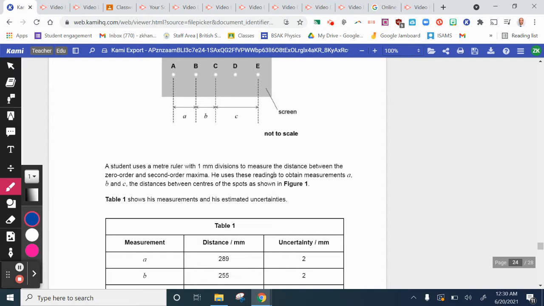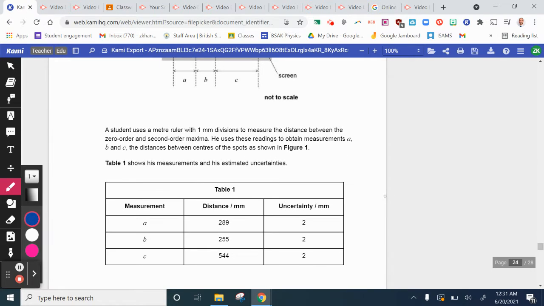He uses readings to obtain measurements A, B, and C. These distances between the centers of the spots are shown here, in millimeters, and these are the uncertainties in millimeters.